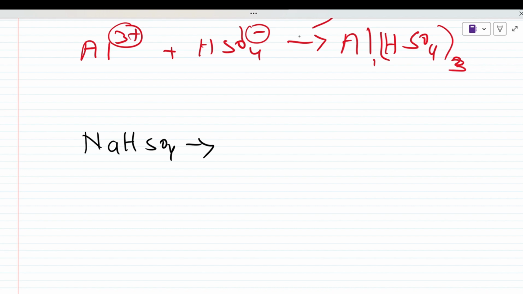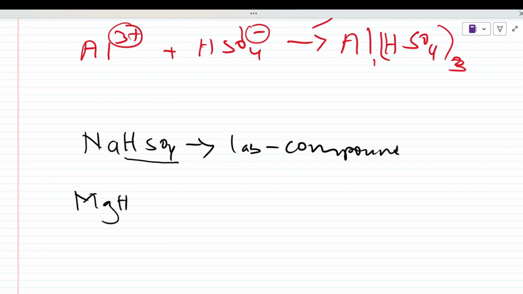This is found in our lab as a compound. I can have magnesium hydrogen sulfate in the lab.